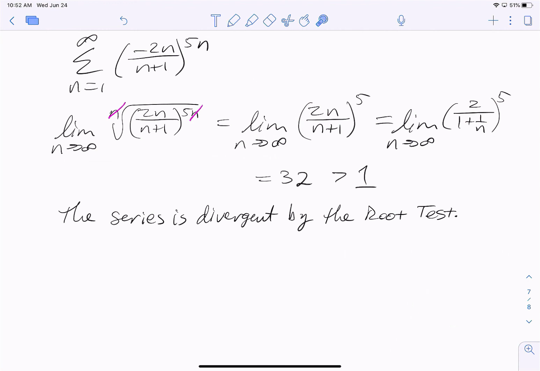And so we have the limit as n approaches infinity of the quantity 2n over n plus 1 to the 5th power. Dividing out inside the parentheses the largest power of n that appears in the denominator, we have the limit as n approaches infinity of 2 over 1 plus 1 over n to the 5th power, and as n approaches infinity, 1 over n goes to 0. We're left simply with 2 to the 5th power, which is 32, which happens to be greater than 1. We conclude that the series is divergent by the root test.